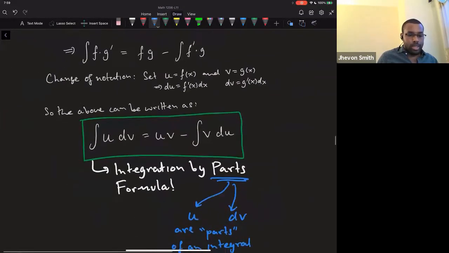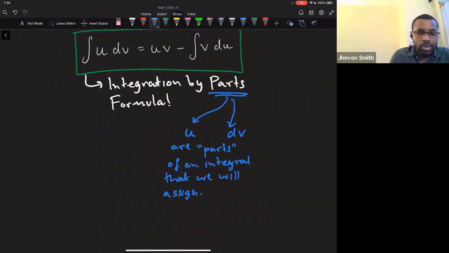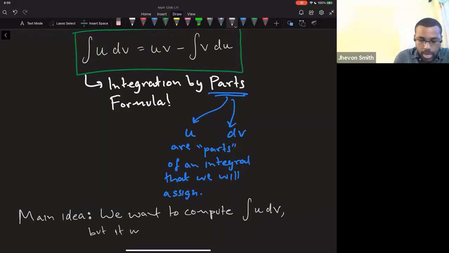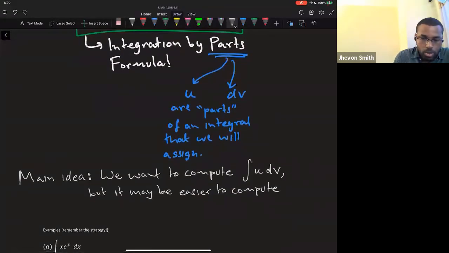The main idea here, and you're going to see how this works out in a few examples, is that we want to compute the integral of, say, u dv, but it may be easier to compute the right side, u times v minus the integral of v du.